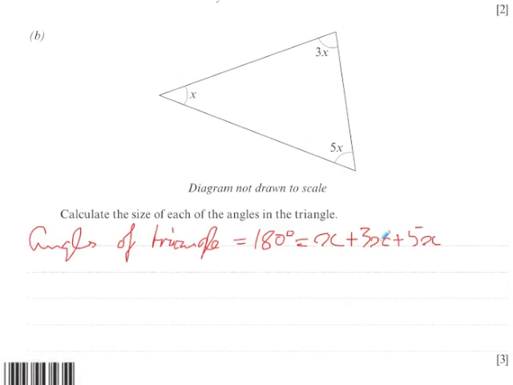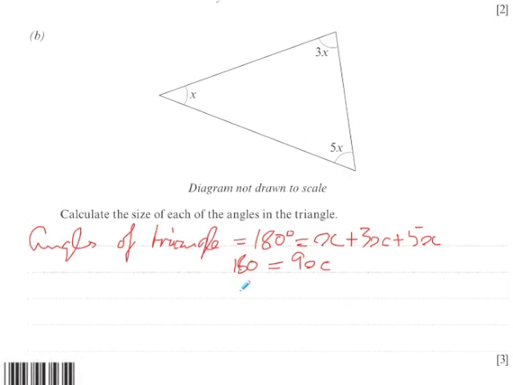So if you work that out, 180 degrees equals x plus 3x is 4x plus 5x is 9x.